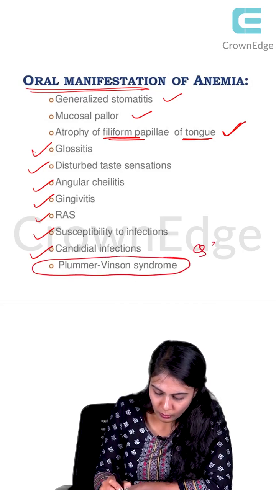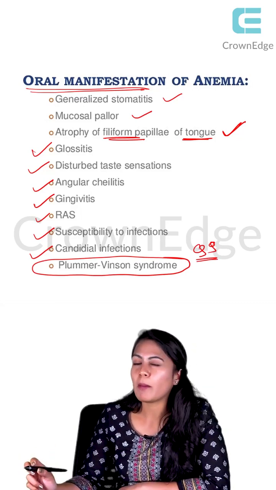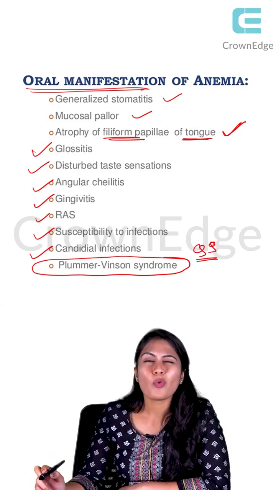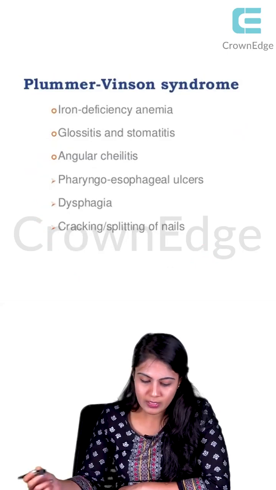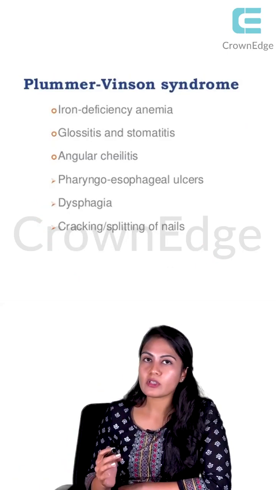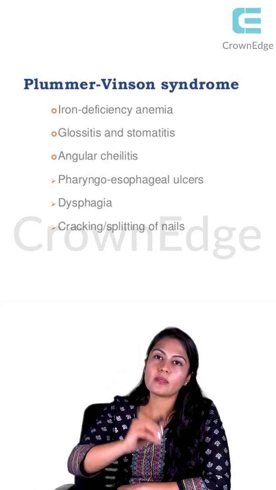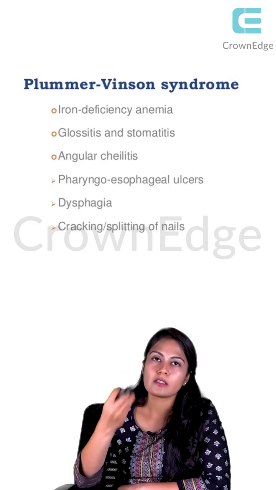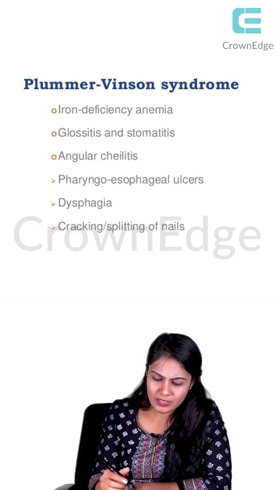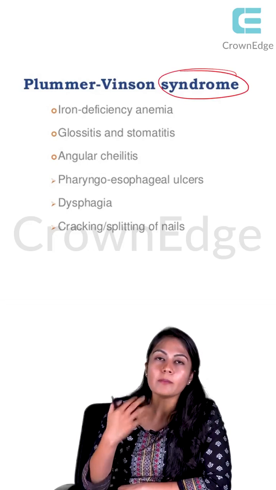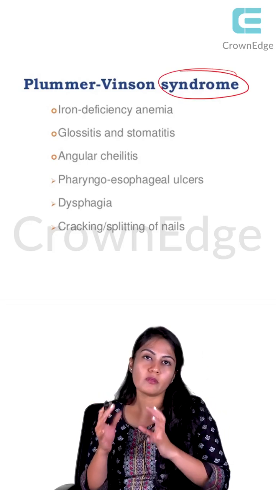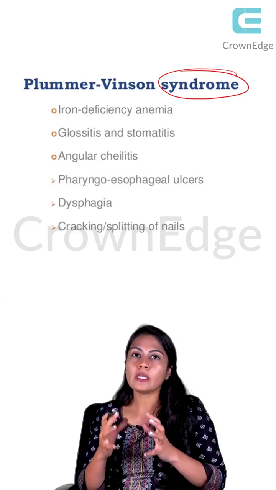important and a favorite topic of the examiners, that is Plummer-Vinson syndrome. Now what is this Plummer-Vinson syndrome? Let's have a look. In Plummer-Vinson syndrome, you are going to see a typical set of 3 symptoms. If you add those 3, this is known as Plummer-Vinson syndrome. A syndrome is nothing but a group of symptoms which can be seen only and only in one condition.